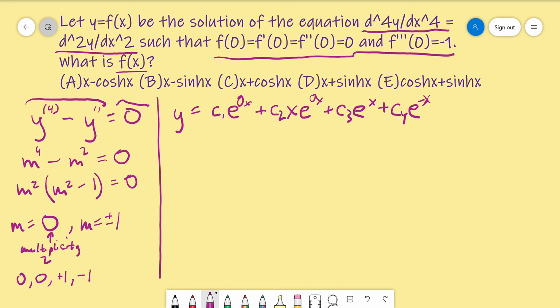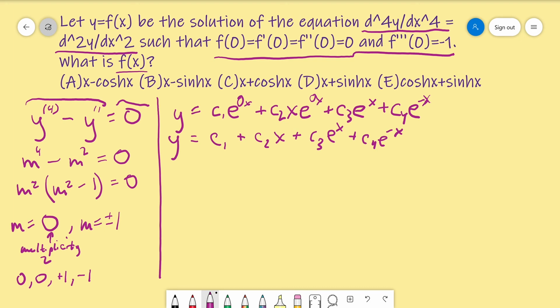Okay, e to the 0x, that's just 1. So we're going to write it like this. And then c3 e to the x, and c4 e to the minus x. Okay, that's our general solution.